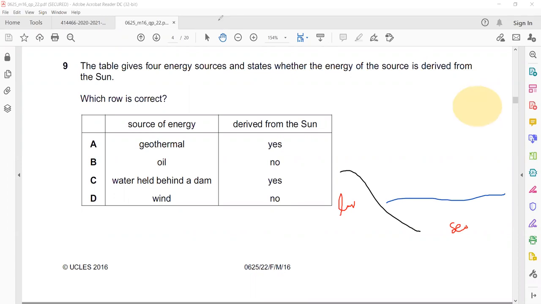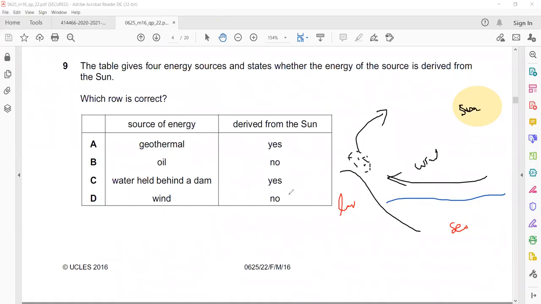The air above the land becomes hot, so it rises up and the air will move from sea to land. So the wind, the moving air, is due to the sun as well.